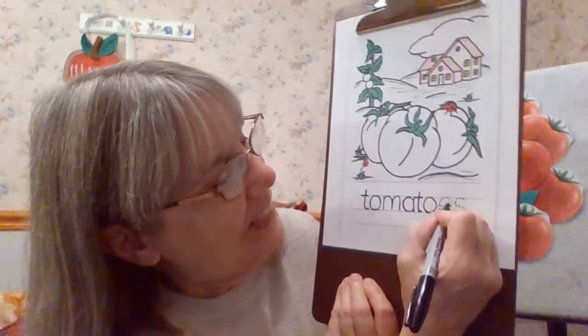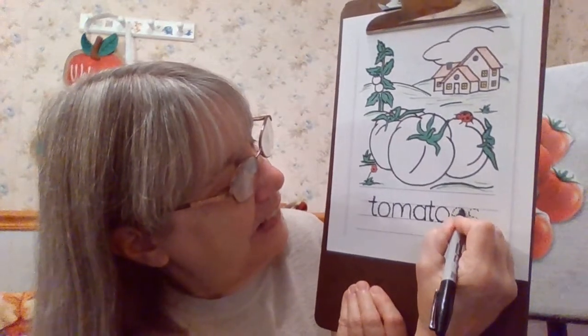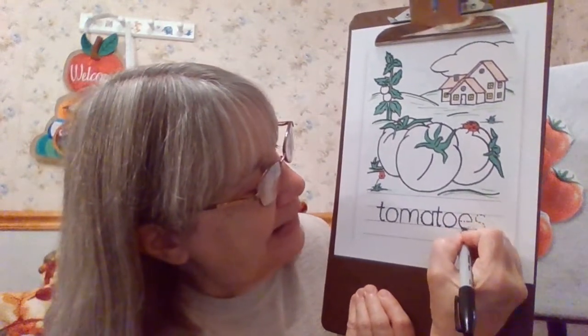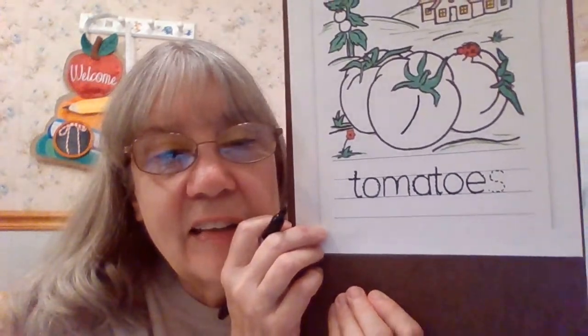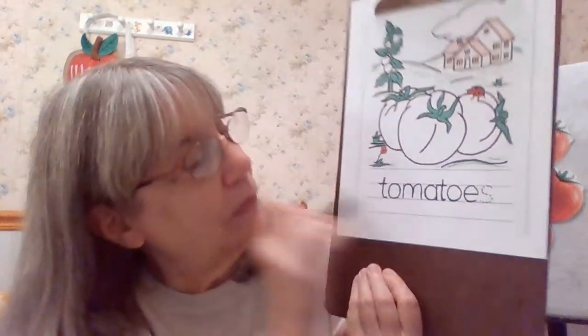Oh, another O. Two more letters. Oh, this is a hard one. Goes around like a C, but it has a little cross in it like that. What is that? Do you know what that letter is? It's a small E.